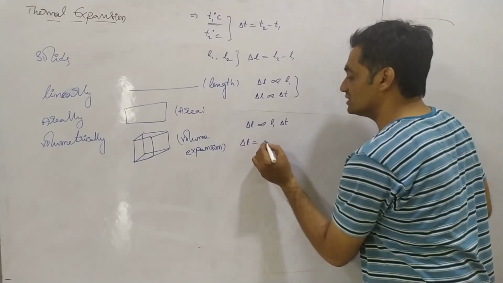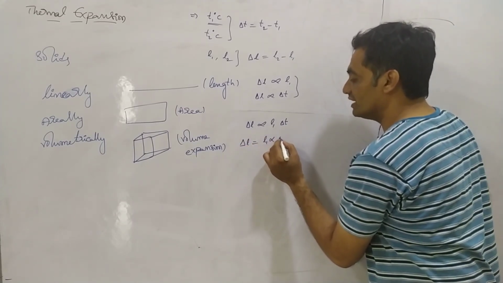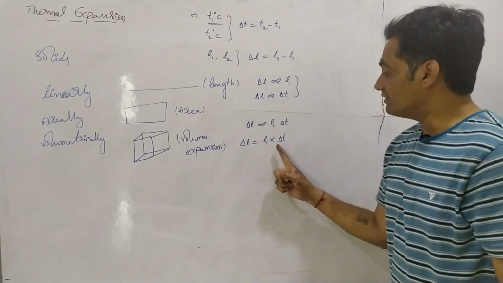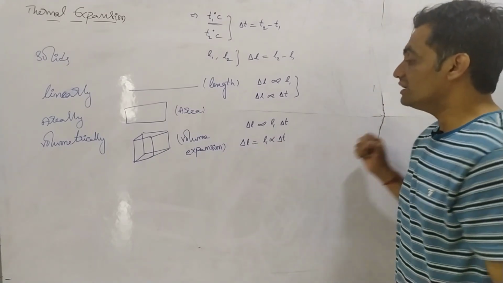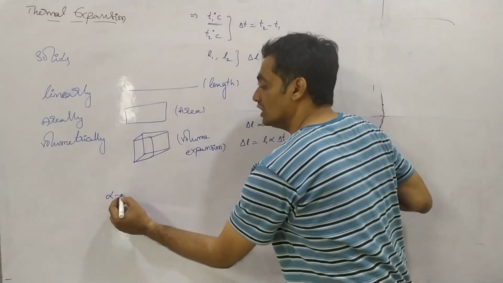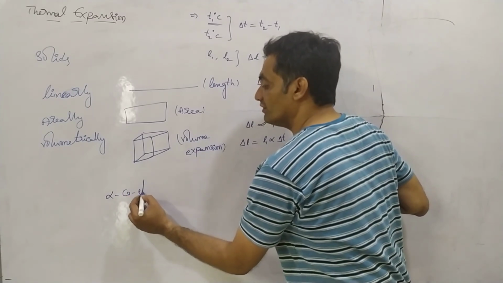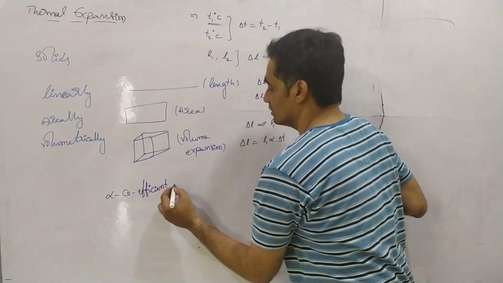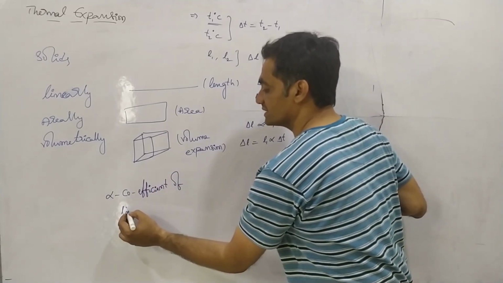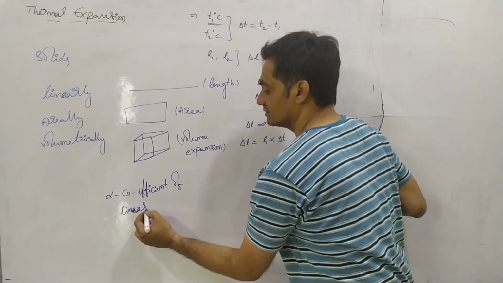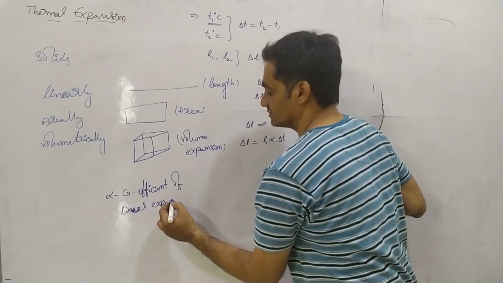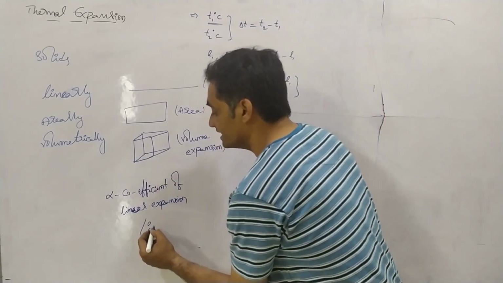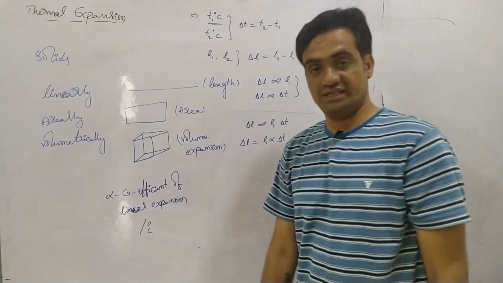Delta L is equal to L1 into alpha delta T, where alpha is a proportionality constant, and here we can represent it as the coefficient of linear expansion. Its unit is per degree Celsius.